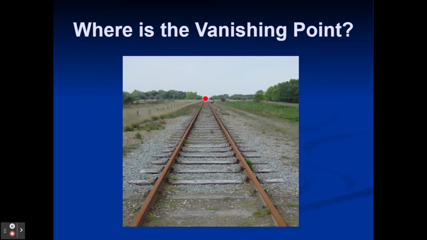The vanishing point is where all the lines converge. So here we are converging, right? Let's look at this image closer. Where is the vanishing point? There it is. It is where all the things converge and disappear in the background. That's going to be your vanishing point.